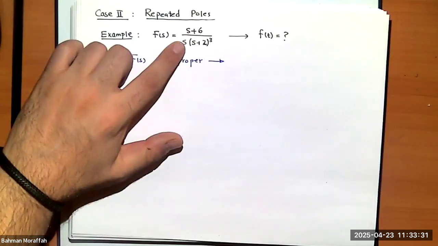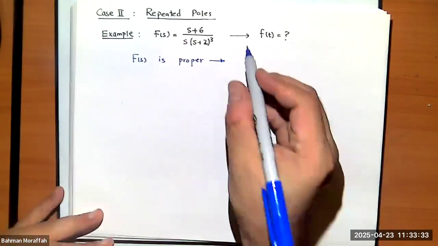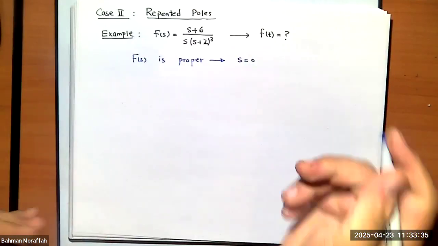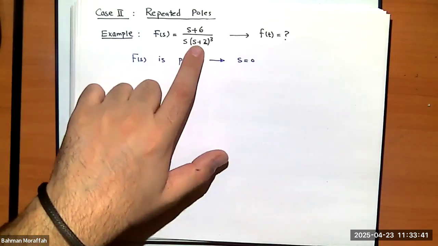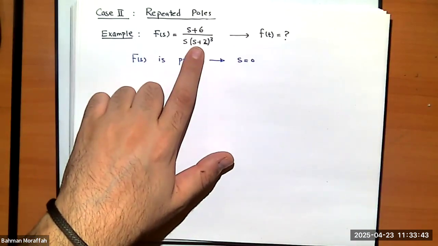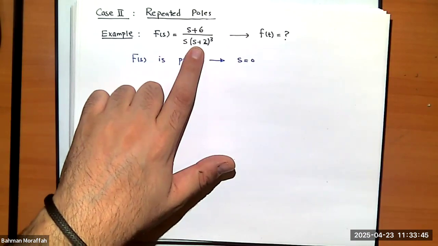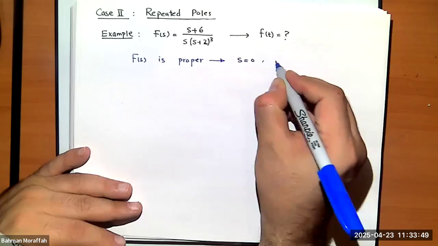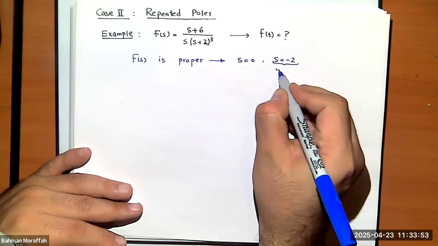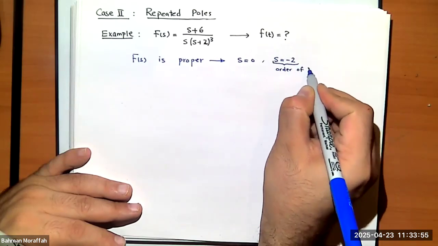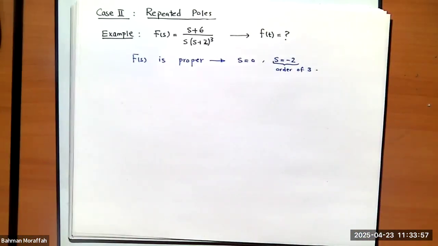Well, I have a simple pole at 0, which is not repeated, so I can still do whatever I had in case 1 for it. But I have one pole at negative 2, and it's repeated 3 times. So I have s equals negative 2, which is repeated 3 times.